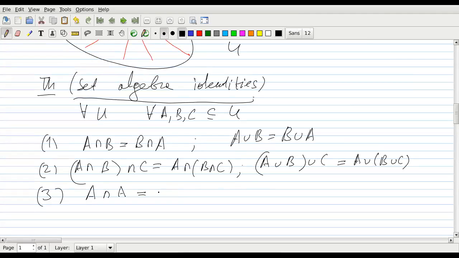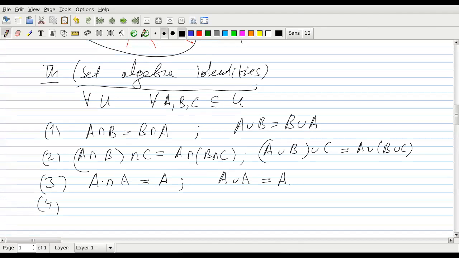The intersection is idempotent. That is, if you intersect a set with itself, it does not change. The same for the union. Absorption laws, so-called absorption laws.